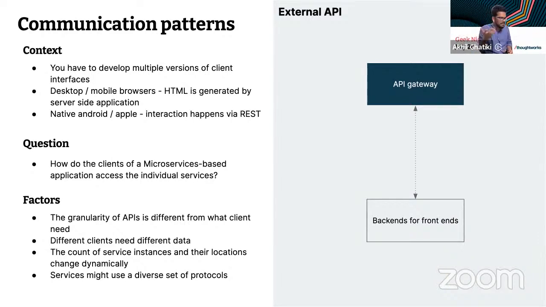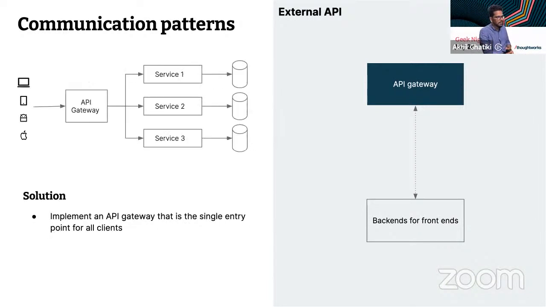You can't send them HTML. So what you can do is have an API gateway in between, and let the API gateway decide what request should go to what service, and then you reply back with the appropriate response based on the type of client it is.